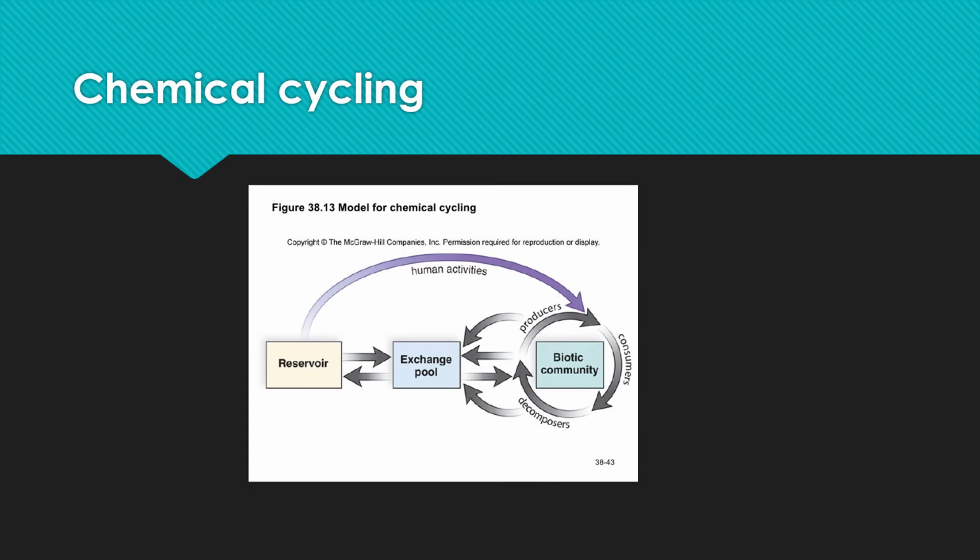An exchange pool is a place where organisms can take chemicals when needed, like from the soil. A biotic community means the producers, decomposers, and consumers. What is alive? What's going to be using the reservoir? What's going to be utilizing the exchange pool? So it's all the things that are alive.